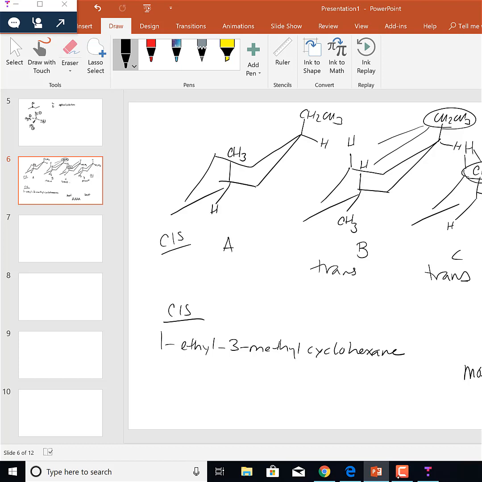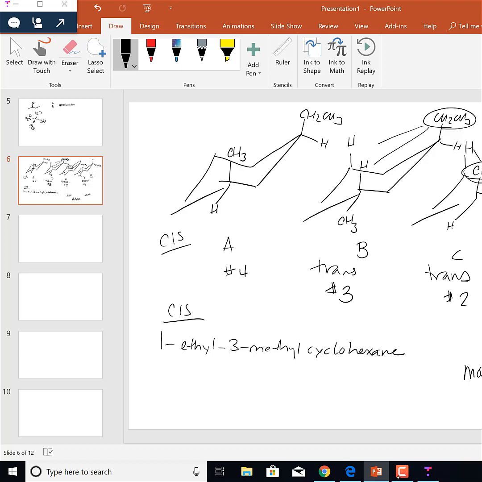So C is the second most stable, and then B would be number 3. So the most stable is D, then C, then B, and then finally A, because in A, both of the alkyl groups are axial.